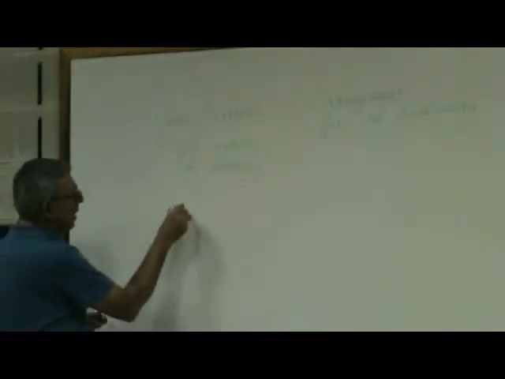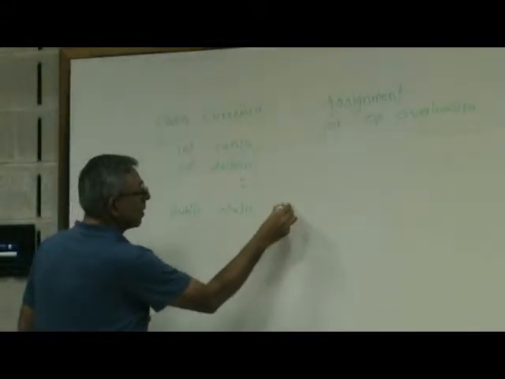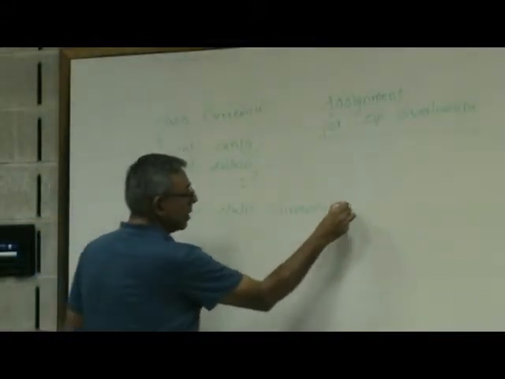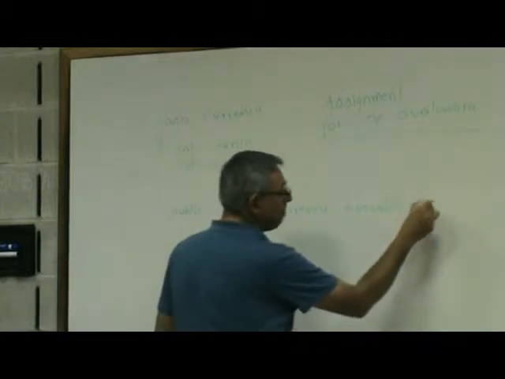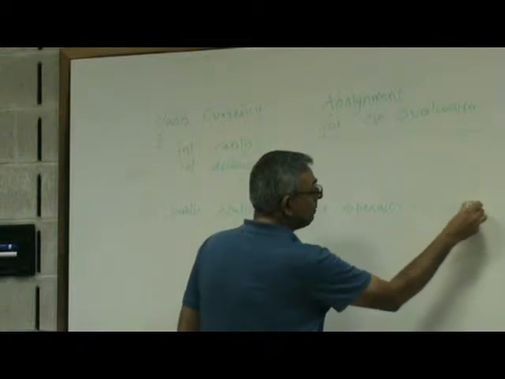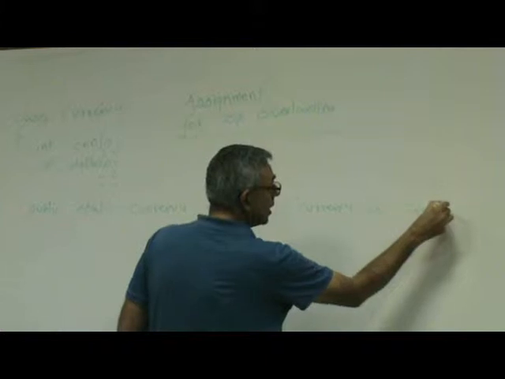Okay. And then you define public static currency operator plus, currency left hand side, currency right hand side. Okay. And you wrote some code over here.